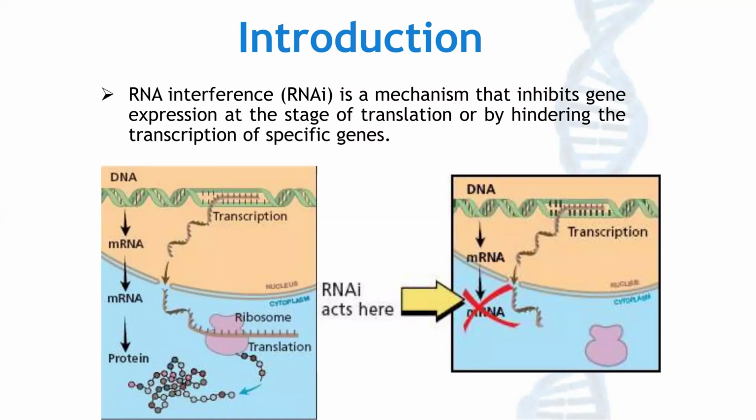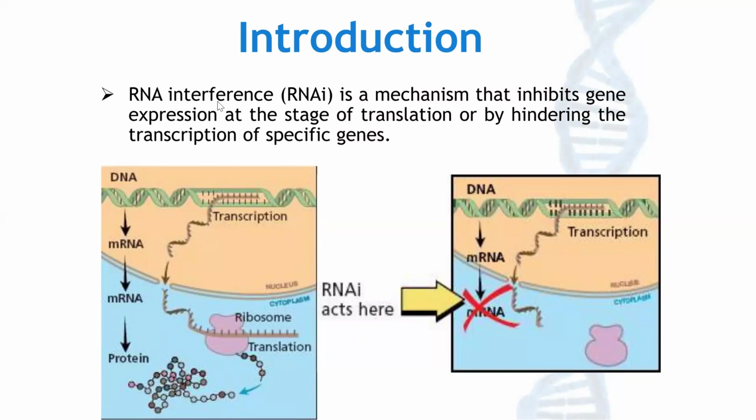occurs. So now, if we look at this, we will see that the mRNA will be converted to proteins through a process called translation. But here, when we have an RNA interference, the DNA is converted to mRNA, and then the mRNA is being inhibited or deactivated so that the protein synthesis will not take place.